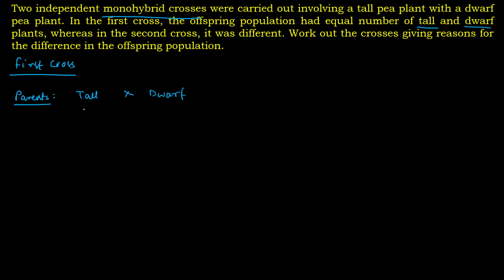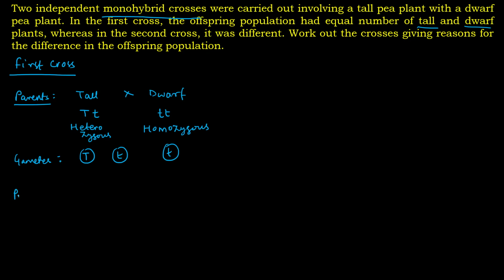The tall plant is going to be heterozygous, capital T, small t. Similarly the dwarf is going to be small t small t, which is homozygous. The gametes here are going to be capital T and small t, and here only one type, that is small t.